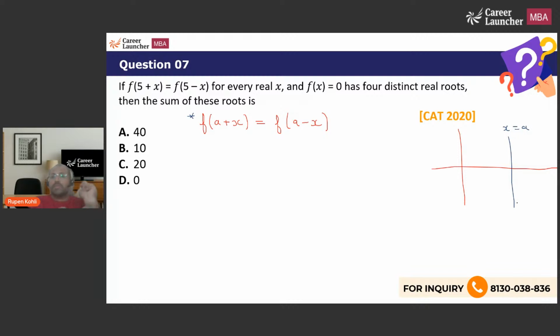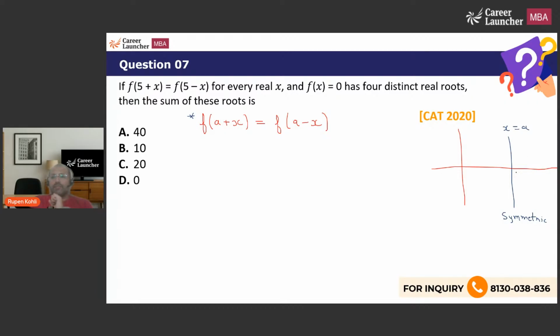In other words, the function has its symmetry around the line x equals a. The graphs on either side are mirror images of each other. Right? This is the equation which tells us the symmetry of the function around x equals a.